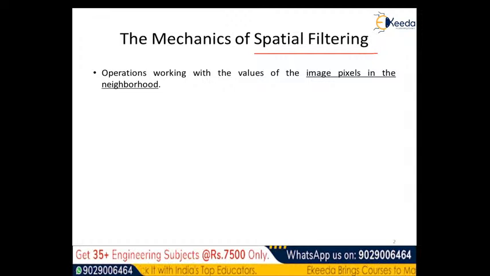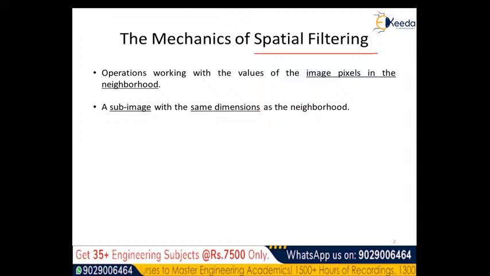Because of this concerned portion of the image, we call it a sub image, and it holds the same dimensions as the neighborhood. The neighborhood can be 3 by 3, 5 by 5, 7 by 7, and so on. If we take 1 by 1, it will be the pixel under consideration itself. It won't cover the neighborhoods.